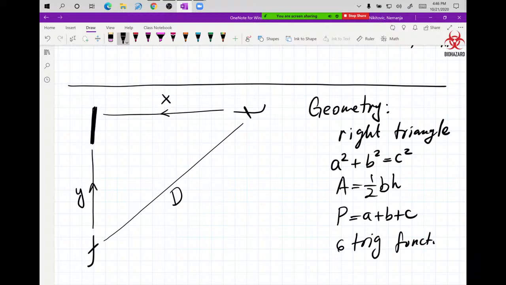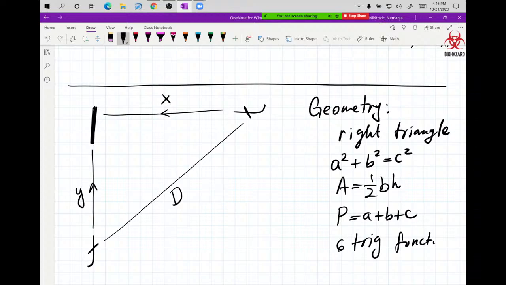But for that I will need an angle. We're not going to use it in this example, but eventually we are going to use it. So these are the formulas that you know regarding the triangle. That's 9 formulas, right? 6 trig plus these 3. There are more, but these are the ones we usually use.